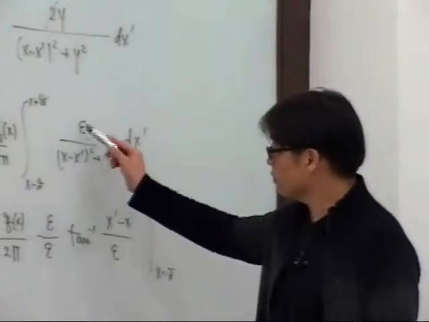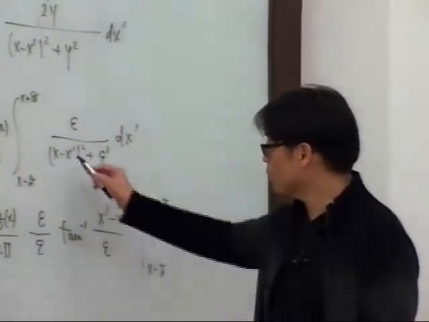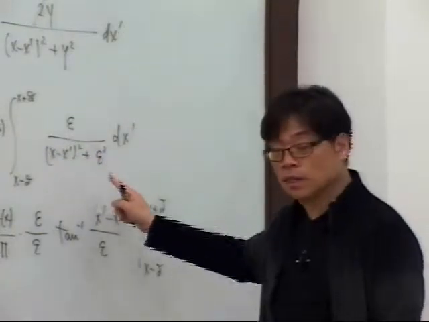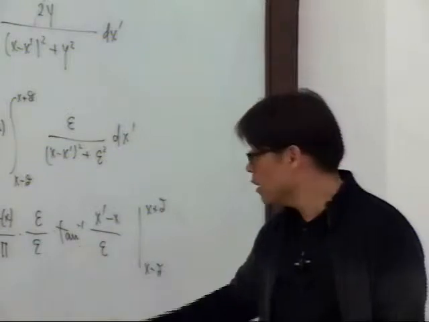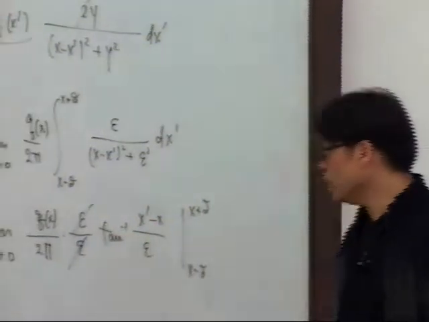Okay? So this epsilon came from here. This epsilon comes from integration of 1 over this. That gives this, so this is arctangent. And this one cancels the other.